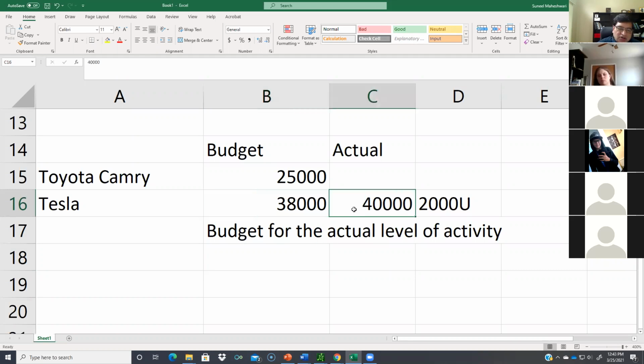Now, when you compare these two, it would make more sense than comparing 25,000 to 40,000. Okay? Does everyone understand this example, please? Yes. Okay.